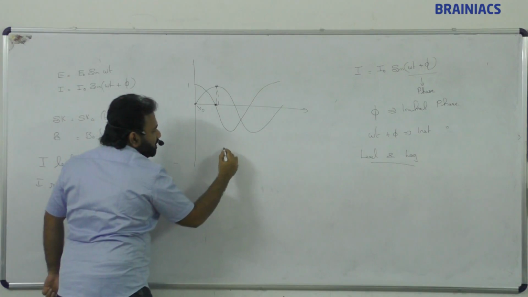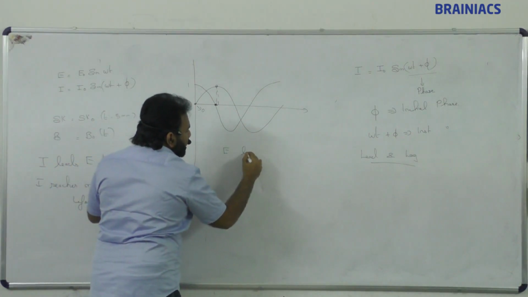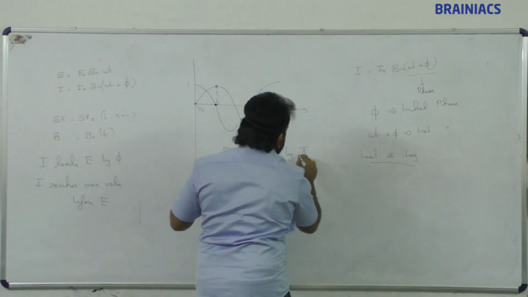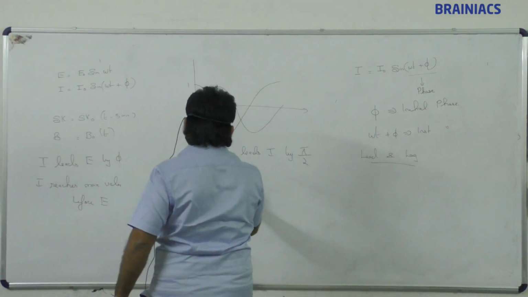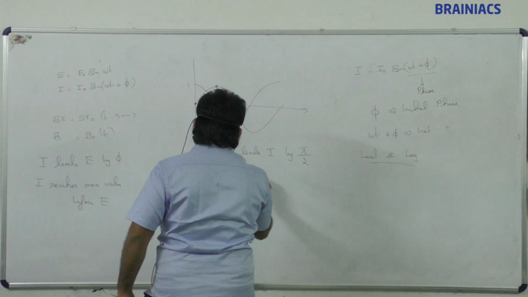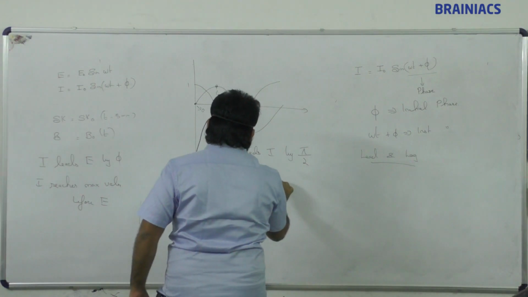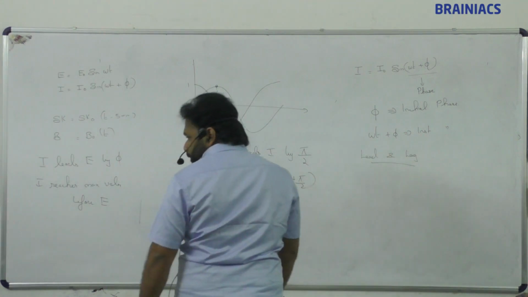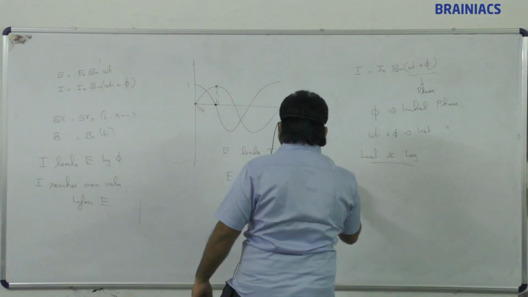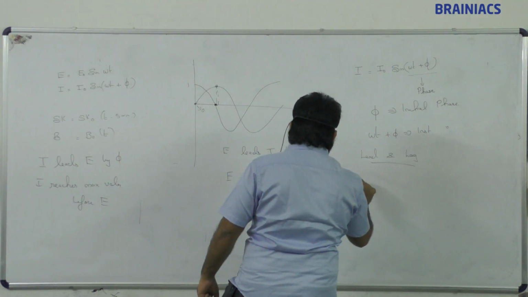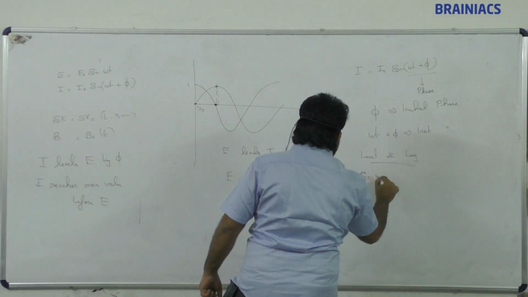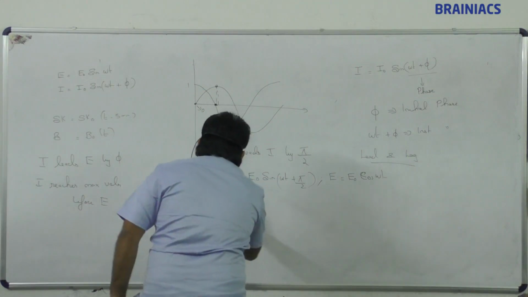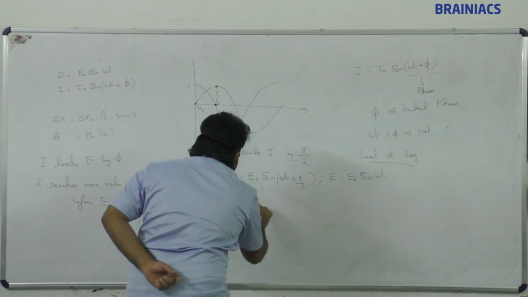So suppose we say E leads current by pi by 2, it is nothing but E is equal to E naught sin omega t plus pi by 2. We can write it like that. Or otherwise we can also write E is equal to E naught cos omega t.